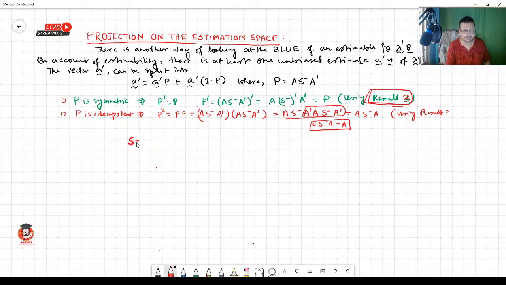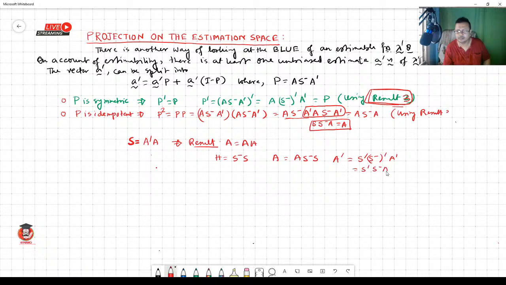Result 2, because S is A prime A. You know, I think result 2 says A equal to AH, and H is your S G inverse S. So then A equal to A S G inverse S. Now relate this thing, and if you take a transpose of this, then using result 2 we get this thing.